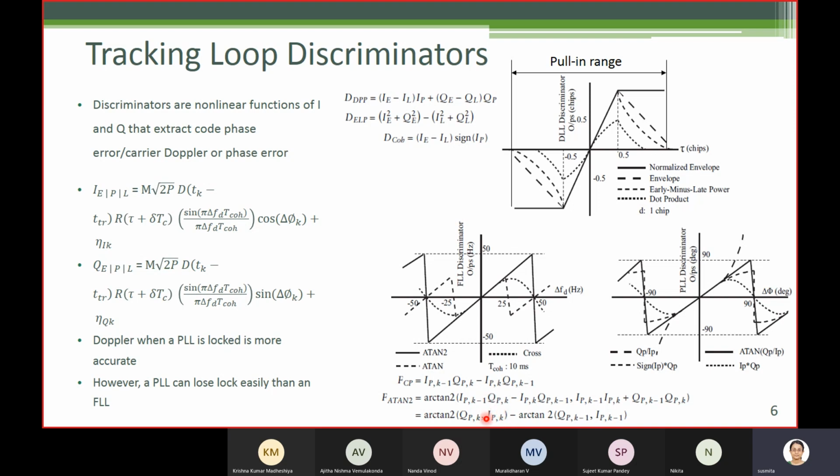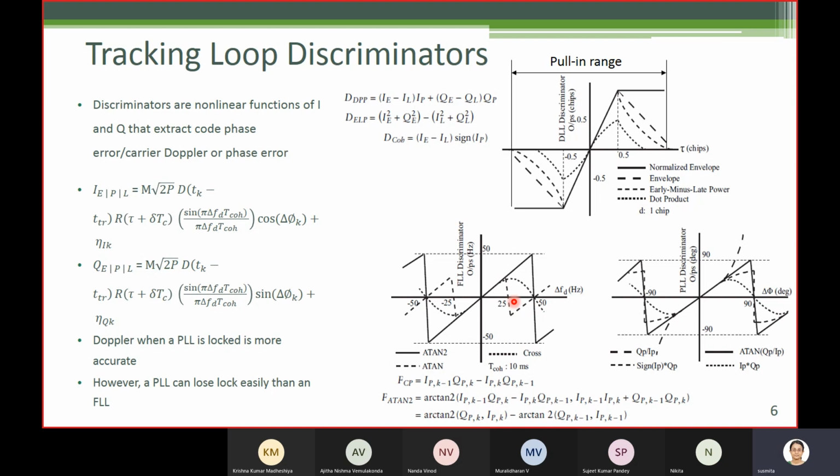Then you will find that they are all functions of the error. And then just plotting the functions for different coherent integration times will tell you how the pulling range is related to T coherent. So we see that the pulling range is inversely related to the coherent integration time.